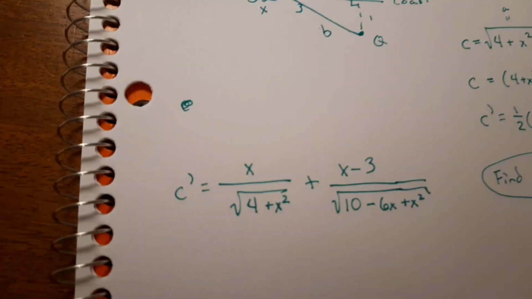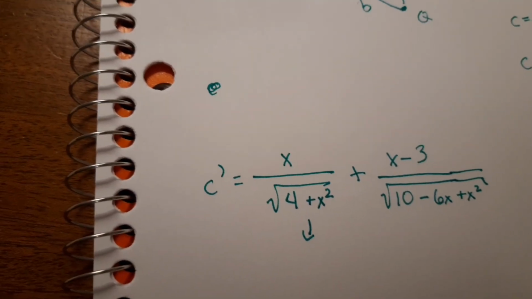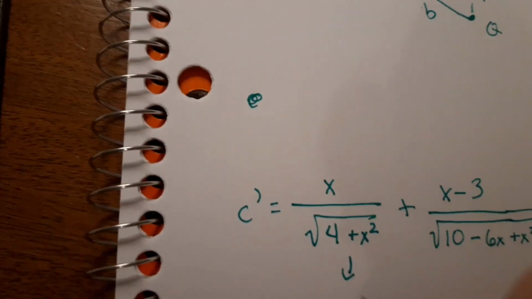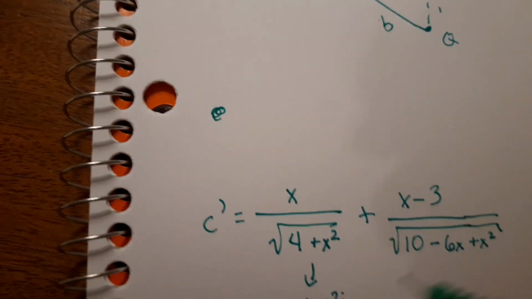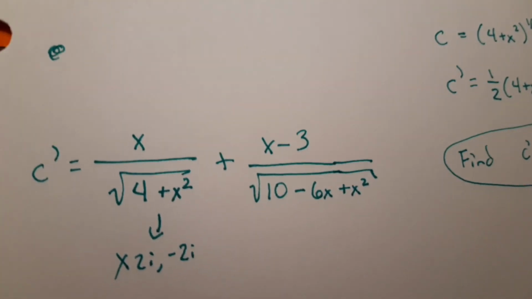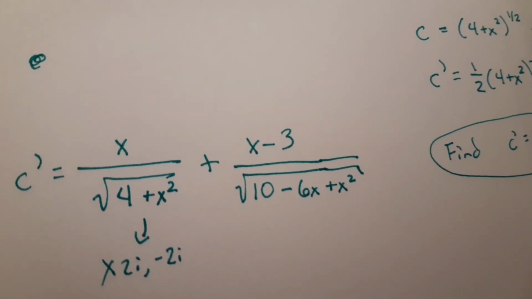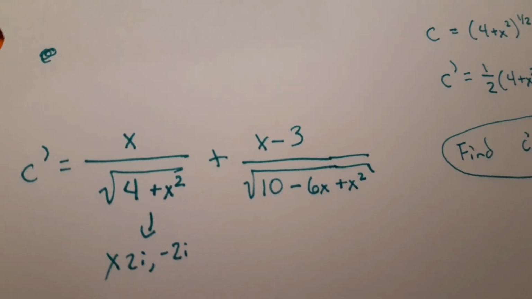So if we look at this, this guy does not factor. The only factors of 4 plus x squared is 2i and negative 2i, if you were to solve that with a quadratic or by just squaring it. So we don't care about those. And then this guy, let's see here. So 10 can factor into 2 and 5. So this is going to end up being something we'll need to solve with the quadratic.